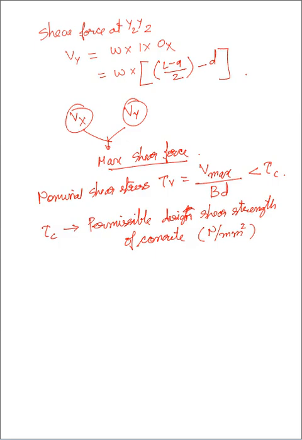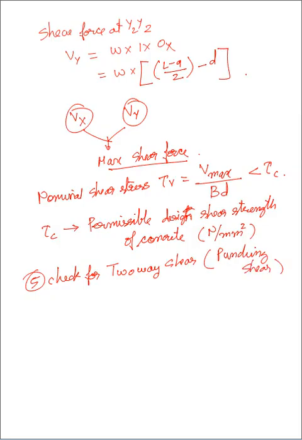Okay, the next step is your check for two-way shear, or it is known as punching shear. Punching shear means one type of puncture. Generally in our vehicles we get punctures. So puncture means piercing, one type of piercing going through.